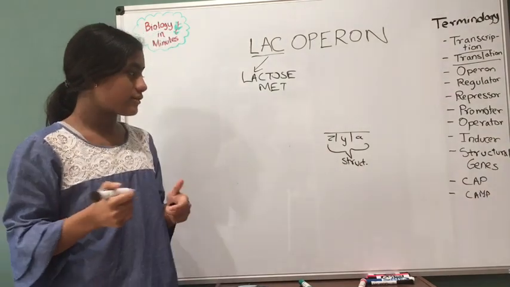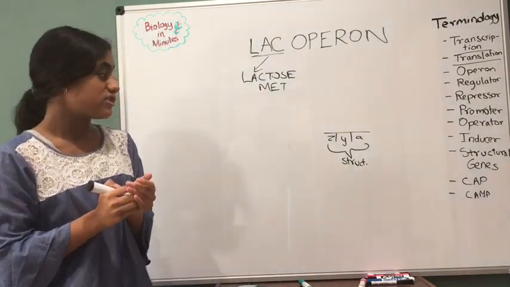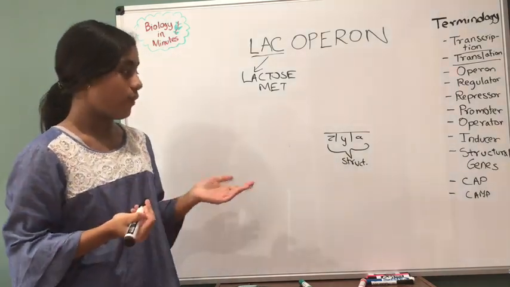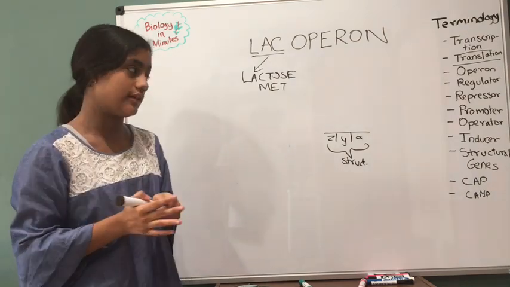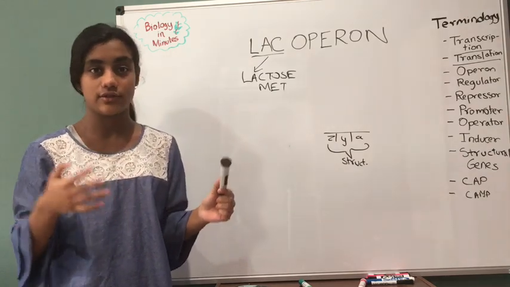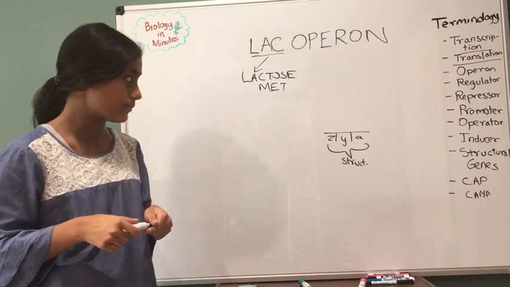Z is the gene for the enzyme known as beta-galactosidase, which basically hydrolyzes the lactose, while Y is permease, which permits the entry of the lactose into the cell, and then transacetylase basically transfers the acetyl groups during the process of lactose metabolism.